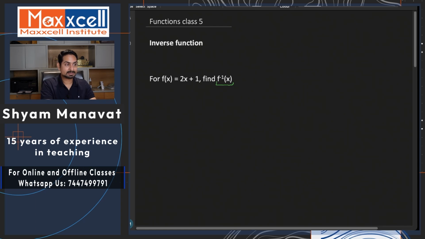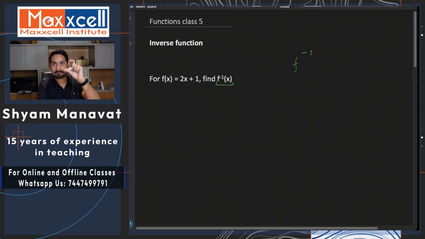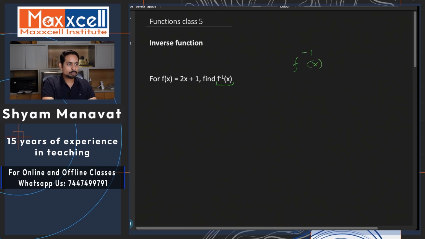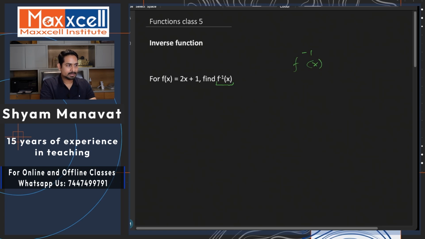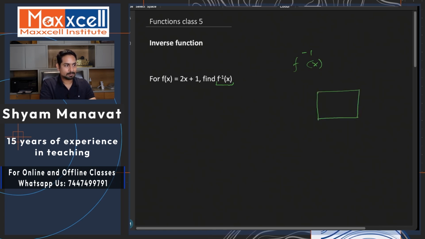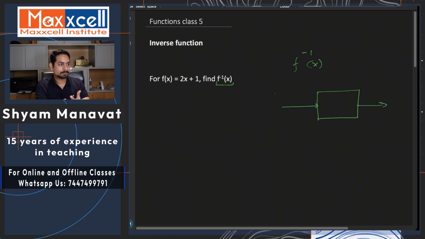An inverse function can be expressed in the form f with a power of -1. Do you know what it means? If you remember the first lecture on functions, I showed you that a function is like a machine which has one input and you get some output.